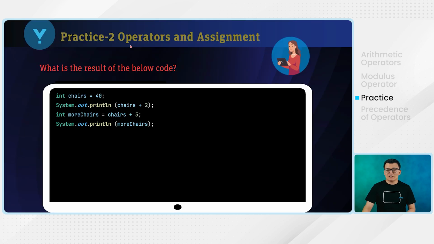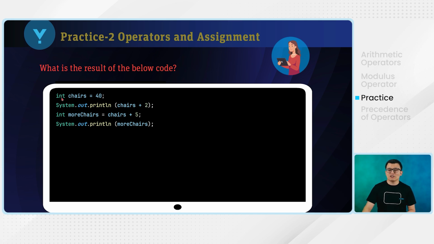And here's the next task. Whenever you are using those arithmetic operators, keep in mind that they will give you new data. If you apply the arithmetic operators to the variables, they are not going to change the actual value of the variable. The only time that the value of the variable will be changed is when you reassign the variable.